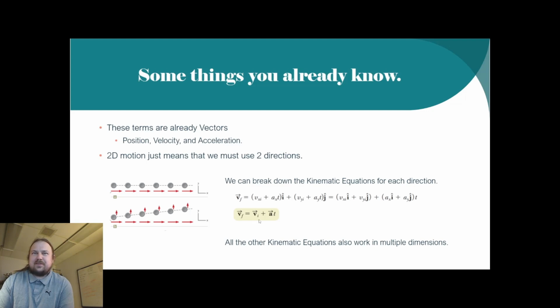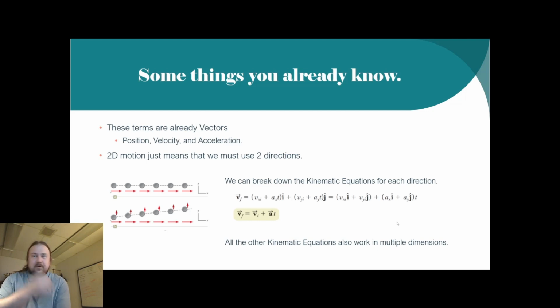The total initial velocities would come down and be the total vector velocity, the initial velocity. And same with the accelerations. We have some components. We have an i and a j. That would be the vector component a, the total acceleration a with its two components, i hat and j hat.